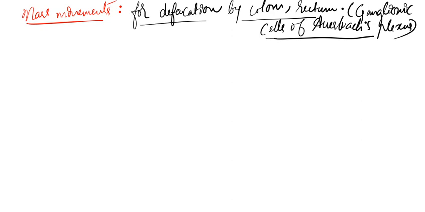So the ganglionic cells present in the Auerbach's plexus initiate the required potentials to bring about a change in the neurological state of the GIT, followed by the defecation process with the colon and rectum. What is the frequency of defecation in a normal adult? It's 1 to 3 times per day.